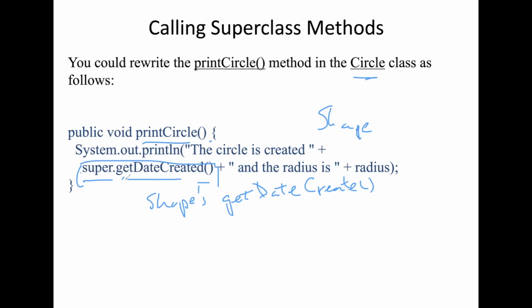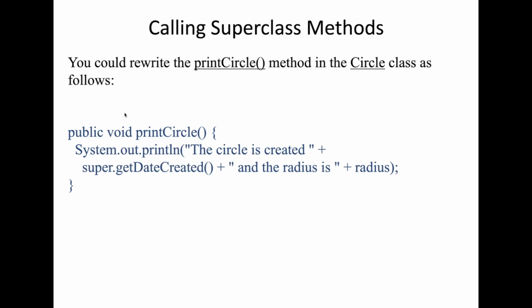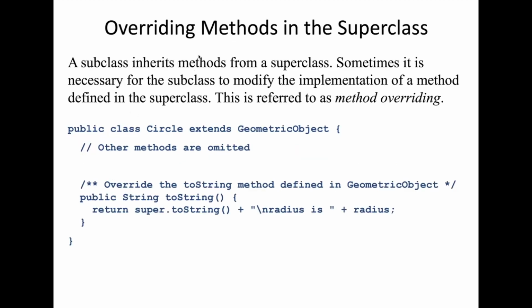We're not rewriting getDateCreated in a superclass. We're simply extending the print circle method with its own custom logic, involving some attributes and behaviors from the parent class, namely getDateCreated. Let's look at method overrides closely in a different example.